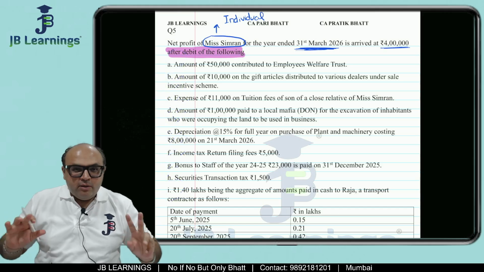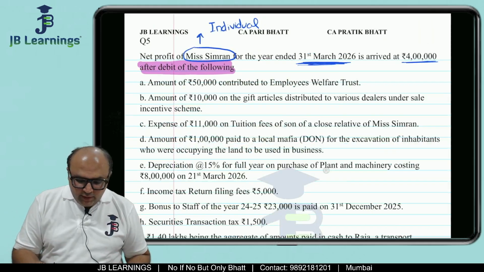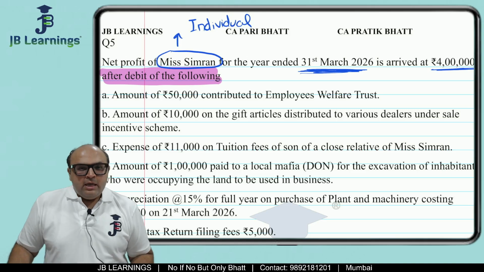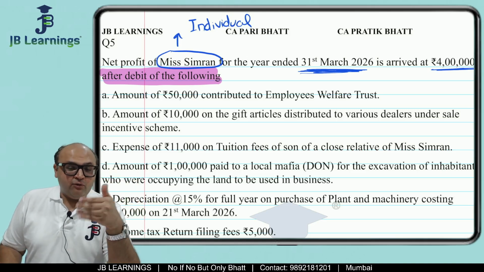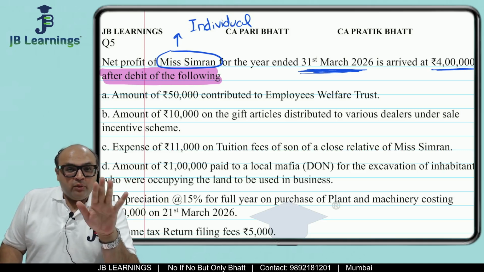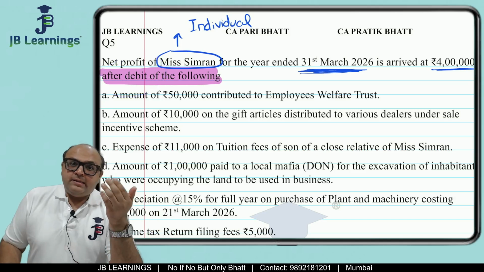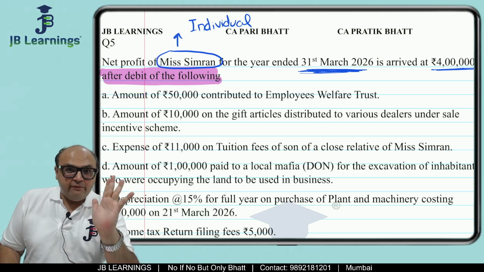But I just want you to observe the question very carefully every time you read the first and the last paragraph. Sometimes it is after debiting or crediting the following. Sometimes it is only after debiting the following, like in this question. And sometimes it may be only after crediting the following. So you have to be very aware of that.